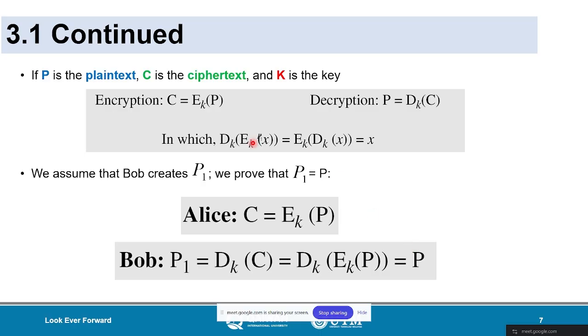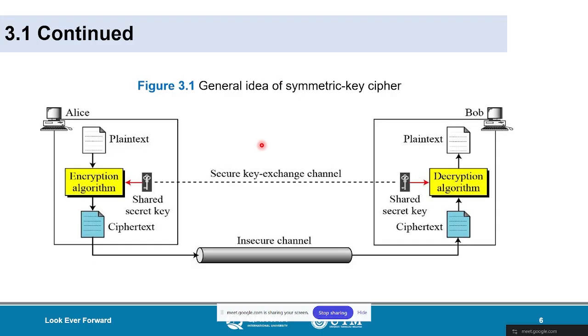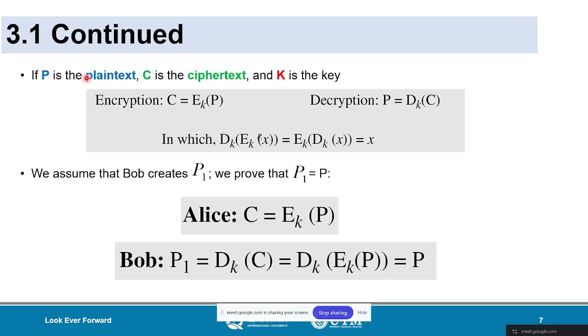So that's why when I say the plain text or ciphertext or a key, I mean this. This would be the plain text or the original message. The ciphertext would be the encrypted message, and the key would be this key. So that's why it is important to understand these terms. If you have any problem with these plain text, ciphertext, or key words and you don't understand, please speak up now.